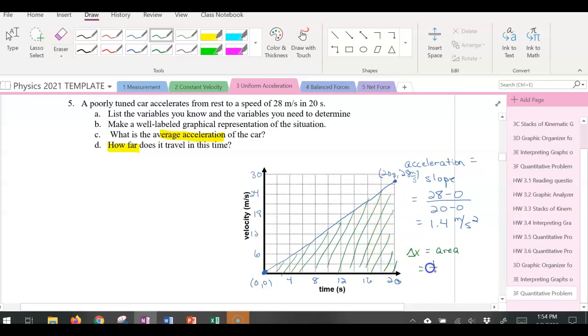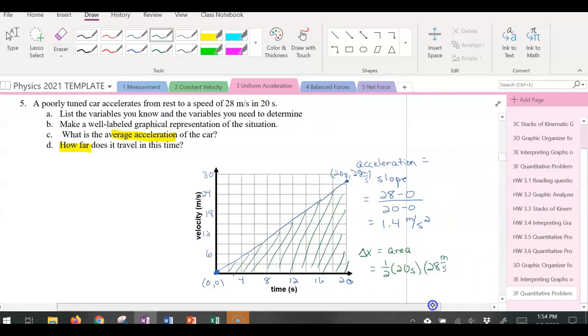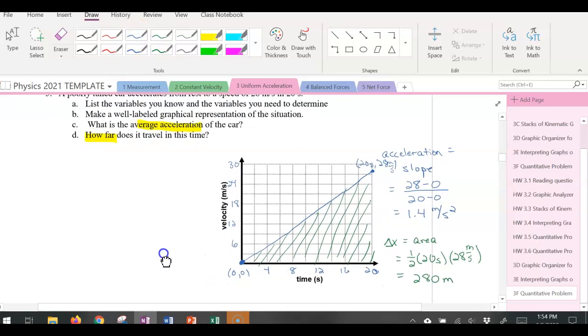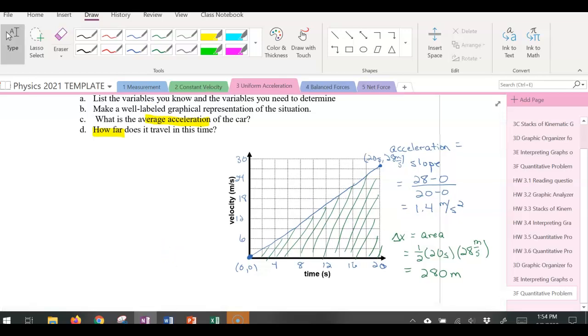And it would be the area of this triangle, which is 1/2 of 20 seconds times 28 meters per second. And that would be 280 meters. Okay, so we have answered both of the questions using this graph. Thankfully, it wasn't a very complex situation to graph.